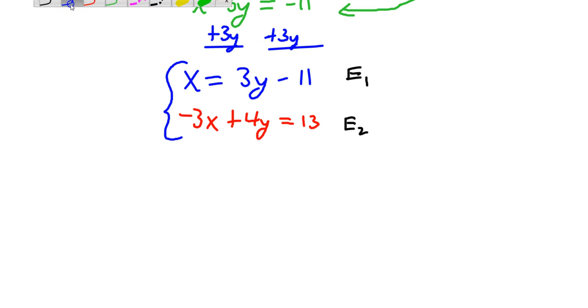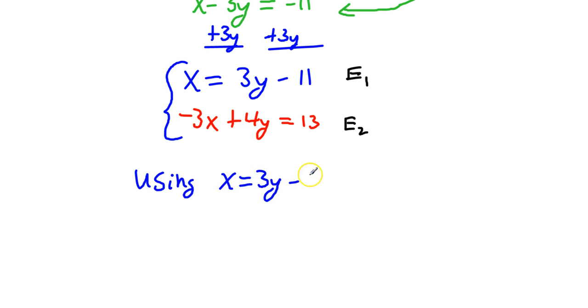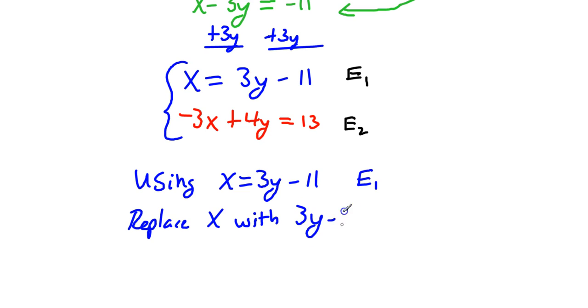So you're going to replace x with 3y minus 11. And again, we'll do that in equation 2. So whatever equation you pull that out of, you have to plug it into the other equation.